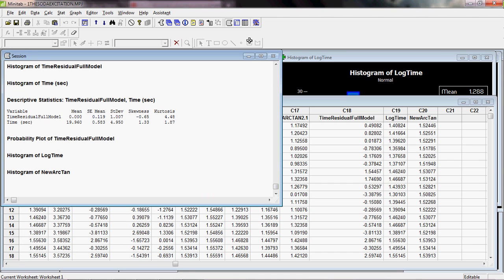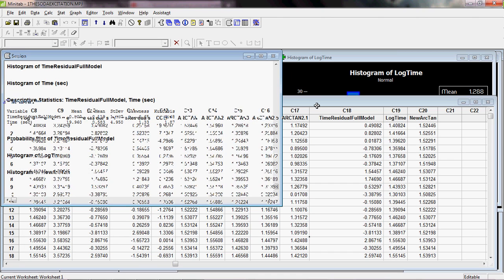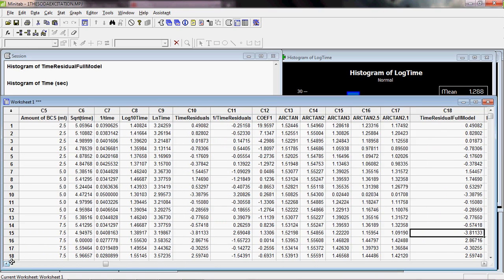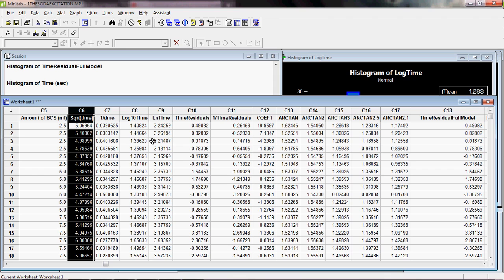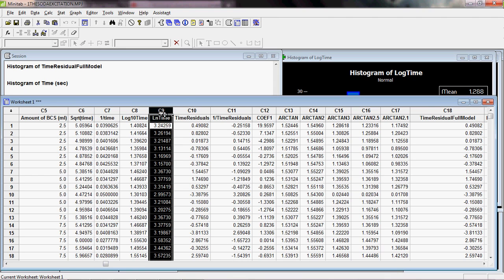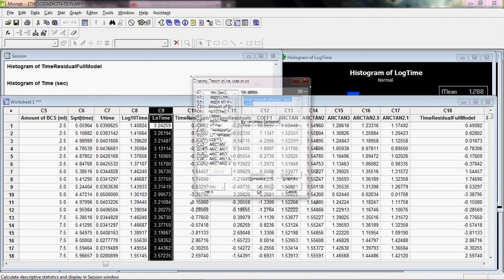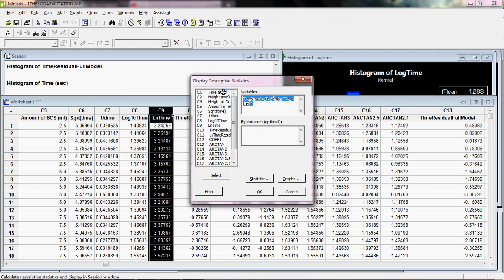Now to compare them all, once you've done all your transformations, it may just be a case of doing the square root or just doing the log, and then you'll find that fixes your problems and you don't have to do anything more complicated. But I'm going to have a look at the descriptive statistics, and I'm going to look at time for comparison.